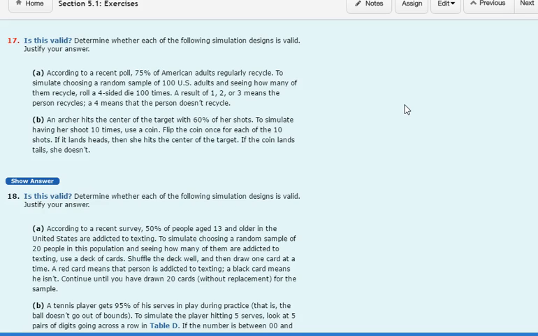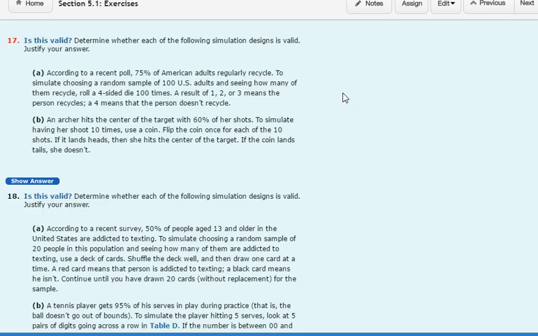So what you want to do in evaluating that is to say, do the numbers assigned accurately represent 75% in one group and 25% in another group? Well, yes, they do, because we have 4 numbers. They're equally likely to occur. 3 of the numbers are representing recycling. That's the 75% group. And 1 number represents not recycling. That's the 25% group. So that is a correct use of a chance device.